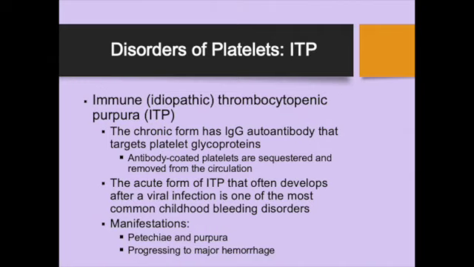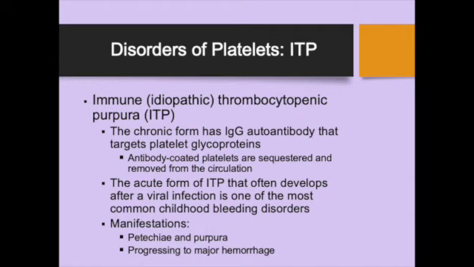Immune or idiopathic thrombocytopenia, we call it ITP. This is a chronic form that has to do with IgG antibody, and it targets the platelet glycoproteins. It is in its acute form. ITP develops after a viral infection, and it's one of the most common childhood bleeding disorders.